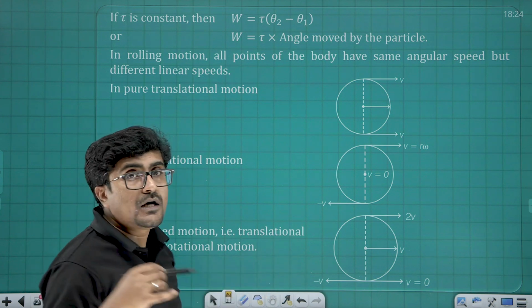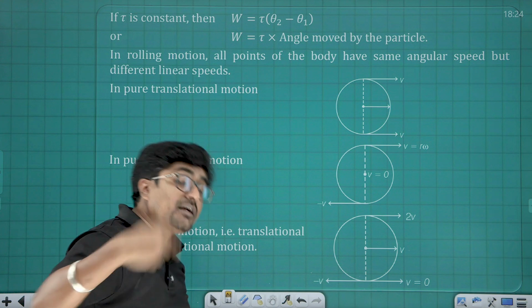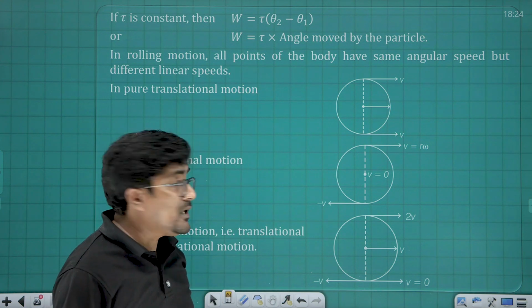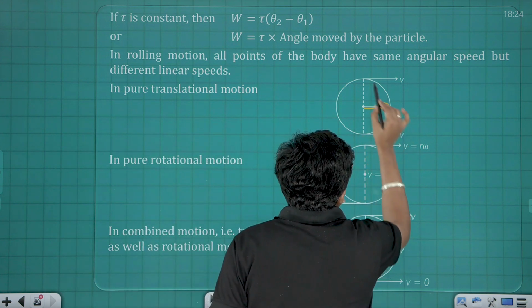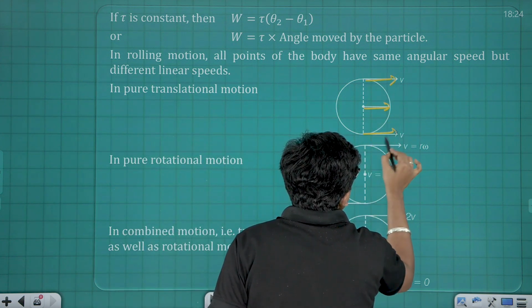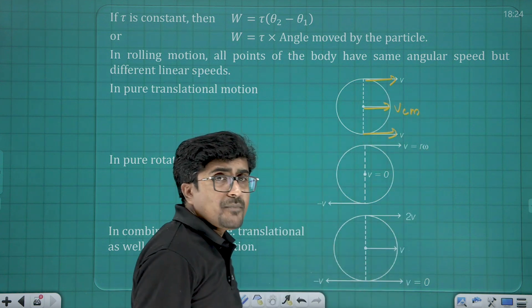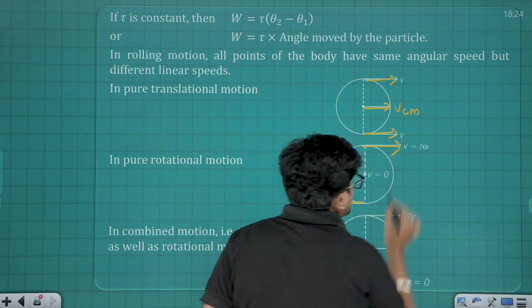A body undergoing pure rolling is the special case of rotational motion plus translational motion, and I am going to tell you how that's going to be a special case. For translational motion, each particle is going to have the velocity like this, and exactly that is going to be Vcm. And for rotational motion, the velocity of the particle is going to be like this.